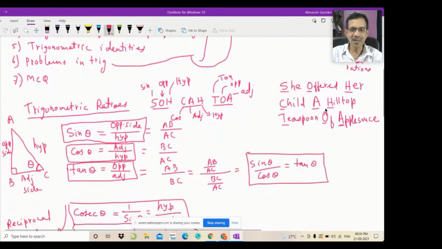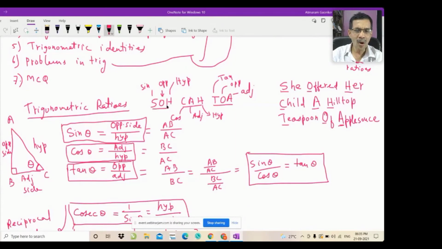She offered her child a hilltop teaspoon of applause. Okay, the sentence is: she offered her child a hilltop teaspoon of applause. Please say this loudly. And it is SOHCAHTOA.